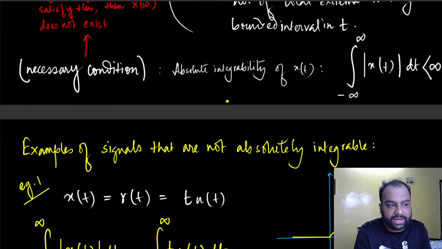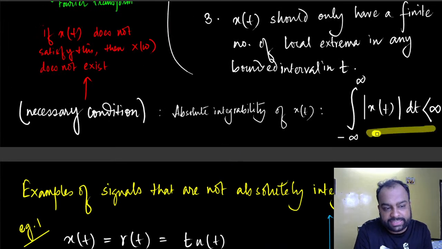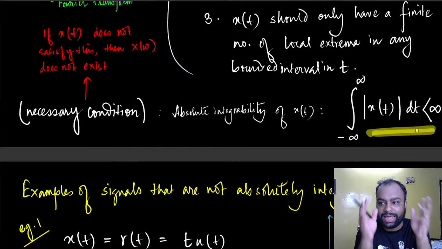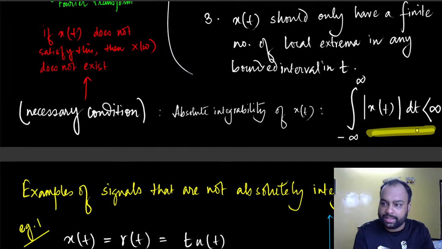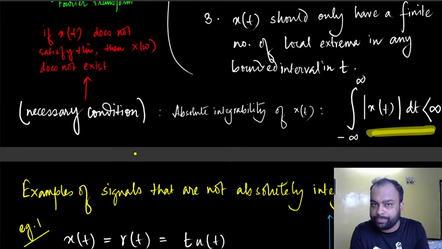What is this integration looking for? This integration is essentially looking for the total absolute area under a signal. So if I can somehow multiply something with a signal such that the total absolute area under the signal becomes finite, then I'm successful in satisfying the necessary condition.